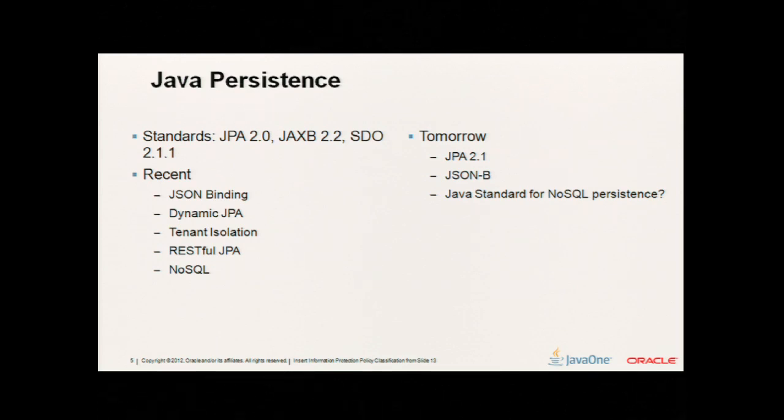Some of the stuff we've been doing recently is we've expanded to add JSON binding support. A feature I call dynamic JPA, which gives you a lot of flexibility in how your models can be defined and evolve. Multi-tenant support or tenant isolation, different strategies for running in a software-as-a-service environment with a shared database schema. I'll walk through some of those.